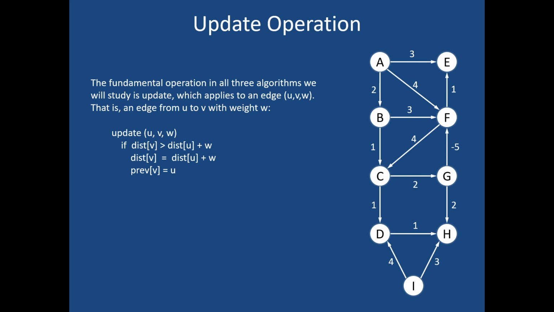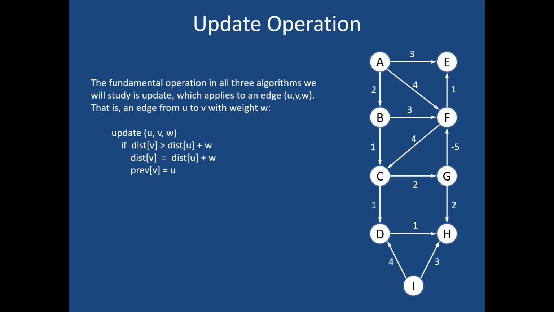Now, what does it mean that the distance of V that we know about is greater than the distance of U plus W? What have we discovered when the distance to V recorded in the data structure is greater than that sum? A shorter path. We found a better way. So currently, we know a way to get to V that costs some amount.